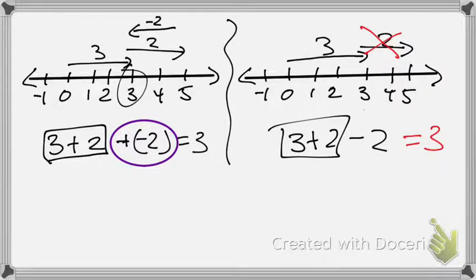So what I'm trying to tell you guys here is that adding -2 means you go back 2. Taking away 2 is kind of also like you going back 2. So I want you guys to see here, they mean the same thing. I'm circling both in purple.